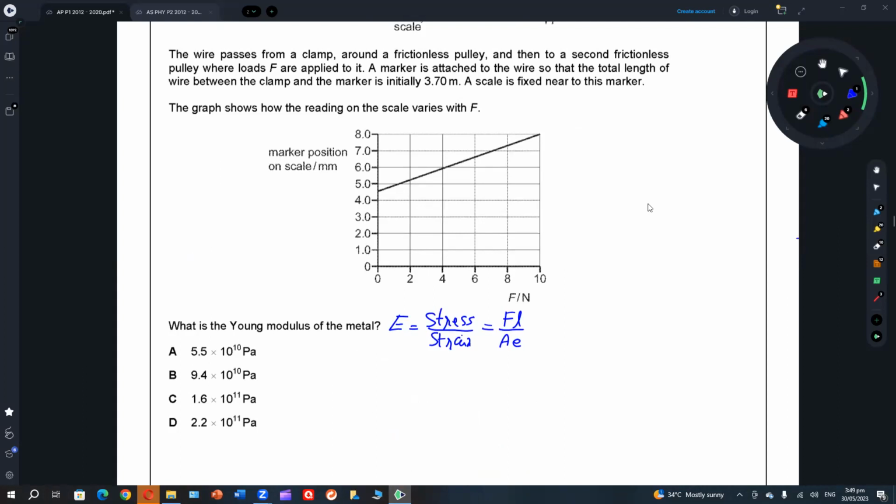So should we try the gradient approach or what should we do? We can try the gradient of this graph. Young modulus can be found if we take load. The load is a measure of stress and the extension is a measure of strain.